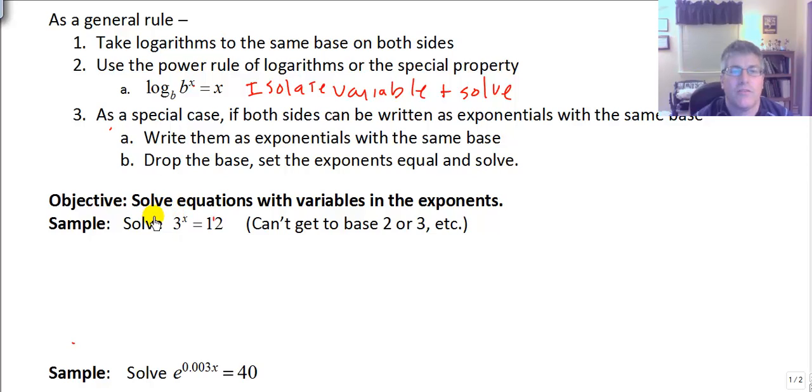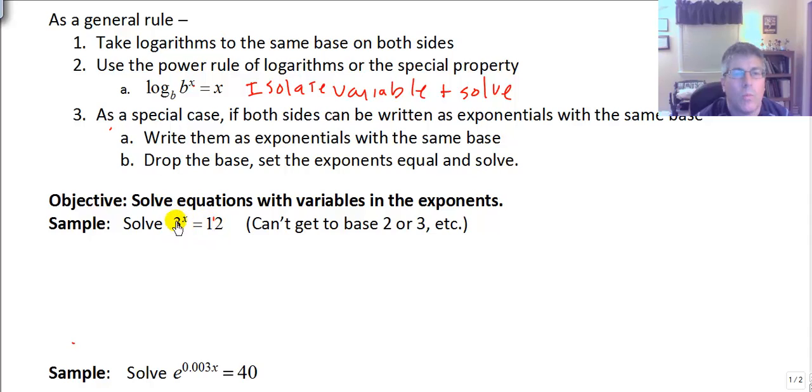This first one, we're going to solve equations with the variable in the exponent. We want to solve 3 to the x equals 12. Well, as an exponential, we'd love to just get the same base here and then apply our laws of exponents and solve like we've done previously. We can't do that on this one.